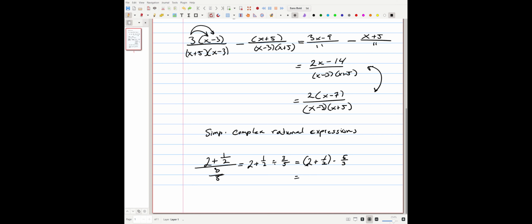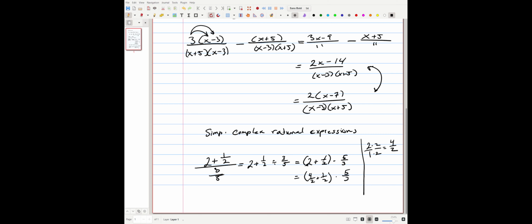So first, let's get a common denominator here. 2 over 1 is a fraction, and since we need a denominator of 2, we need to multiply the bottom by 2. If we do that, we need to multiply the top by 2, and so we get 4 over 2. Okay, and so we can rewrite this as 4 over 2 plus 1/2 times 5/3.